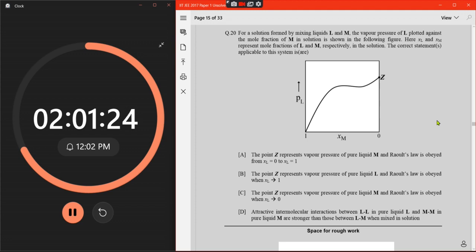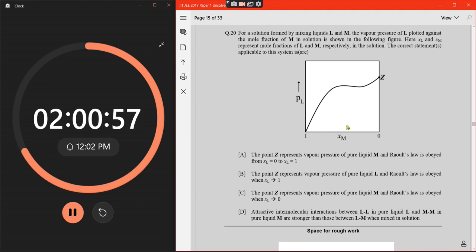What else is given? Attractive intermolecular interactions in pure liquid L and pure liquid M are stronger than between L and M when mixed in solution. So this is actually positive deviation, right? Yeah, positive deviation. So what does that actually mean?